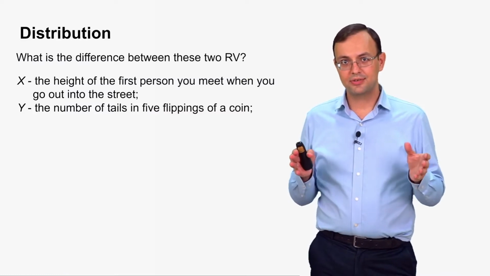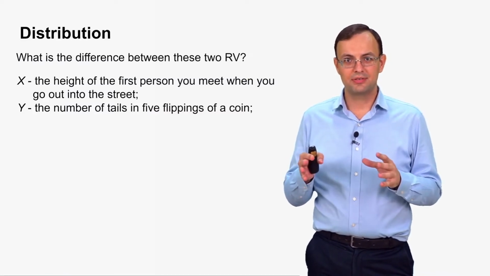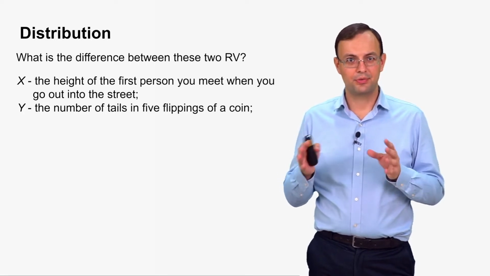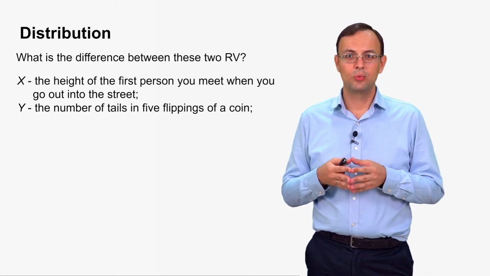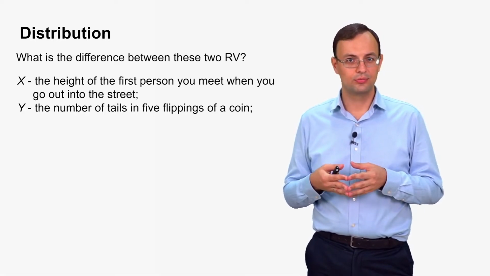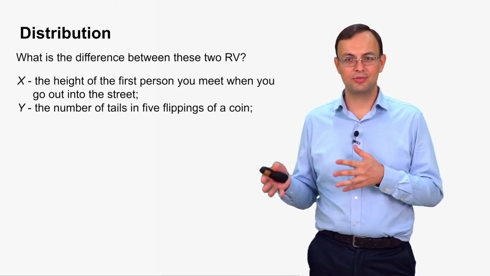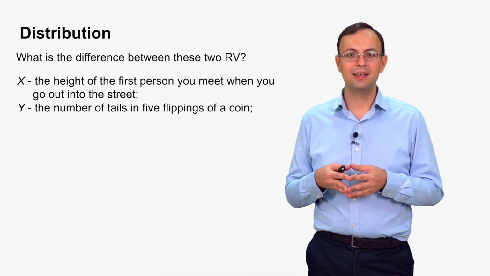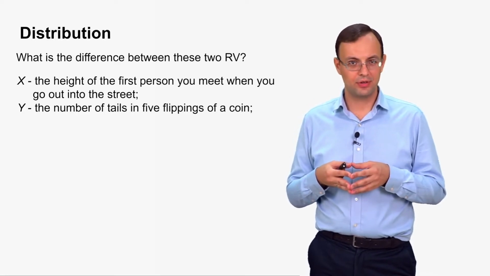Now let's think how random variables differ from each other. For example, what is the difference between these two? X is the height of the first person you meet when you go out to the street, and Y is the number of tails in 5 flippings of a coin.